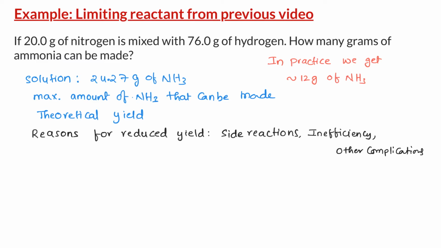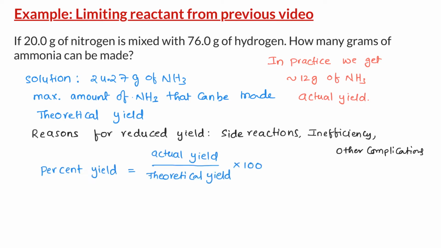All these factors decrease the maximum amount of ammonia that can be made. The 12 grams of ammonia, that is the amount of ammonia we get in the lab, is called the actual yield.